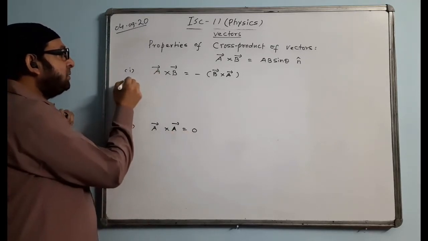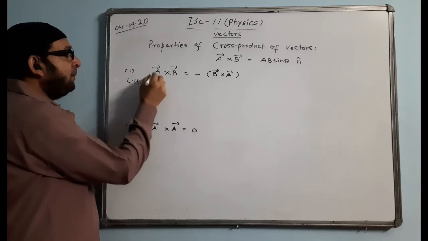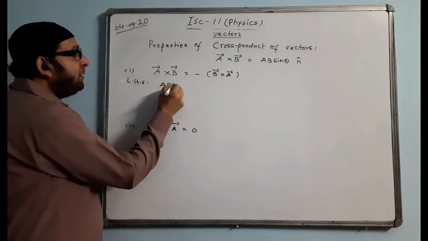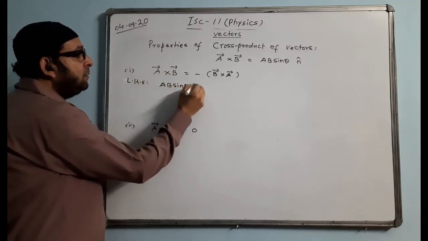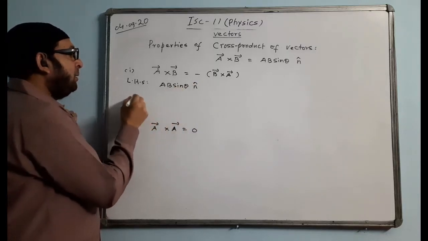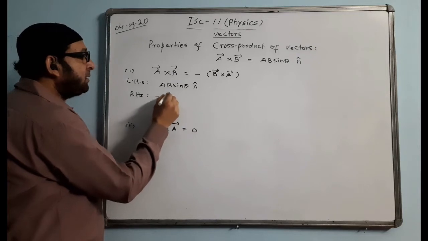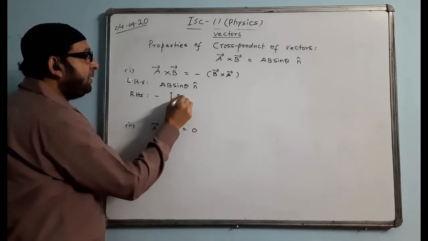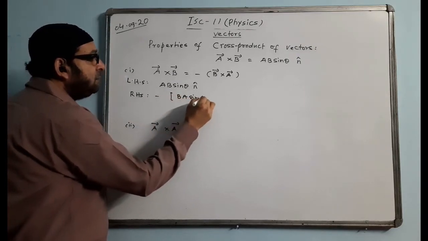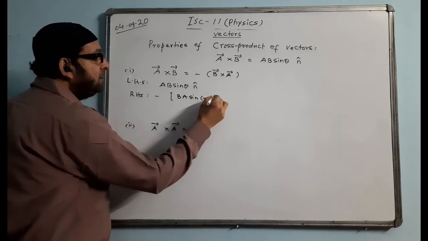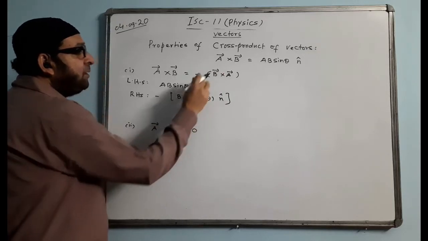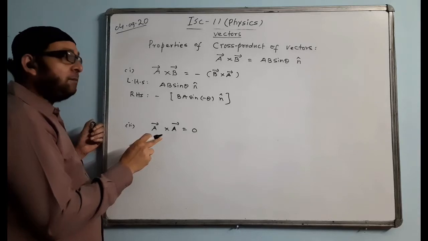Let us prove this. We will take the LHS first. A cross B, by the formula, is AB sin theta n cap. For the RHS, we write minus B A sin of minus theta n cap. When you reverse the order, the angle becomes negative.